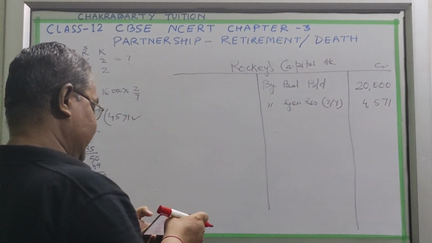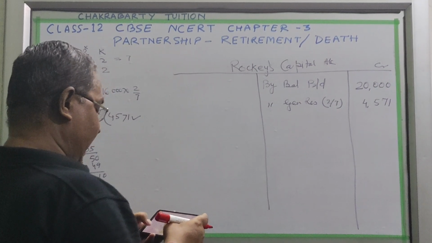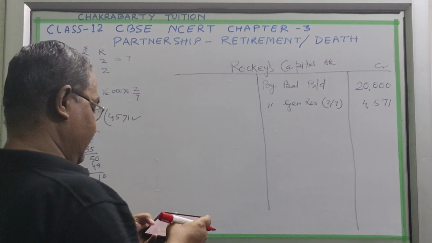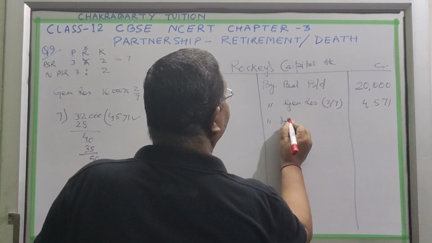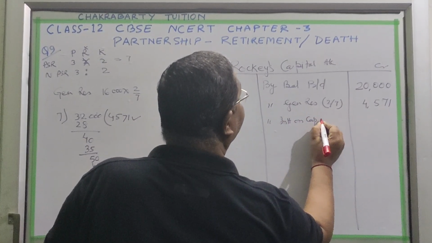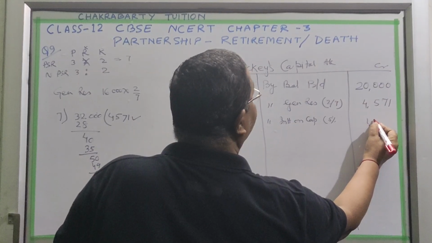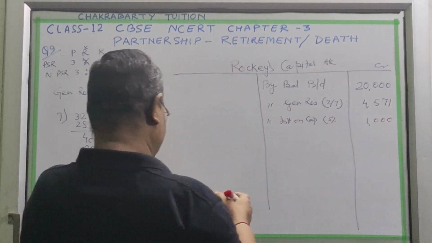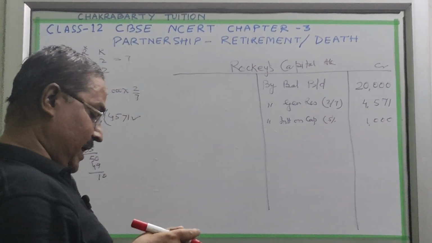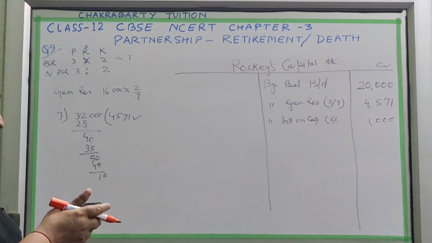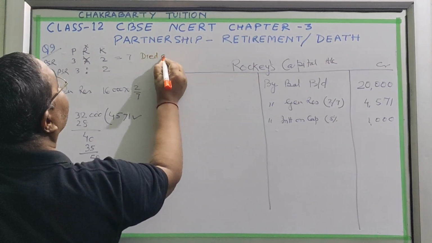Now, other items receivable by him in the balance sheet, nothing is there. So now we will go to by interest on capital at the rate of 5%. 5% of this amount is 1,000 for the year. Here, this is important, he died on which date?